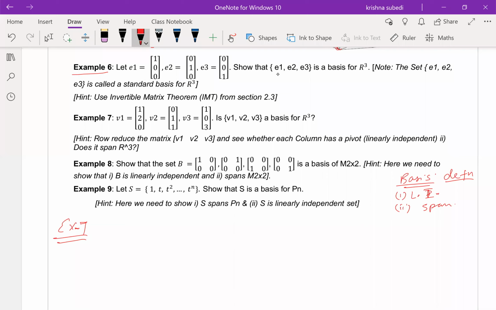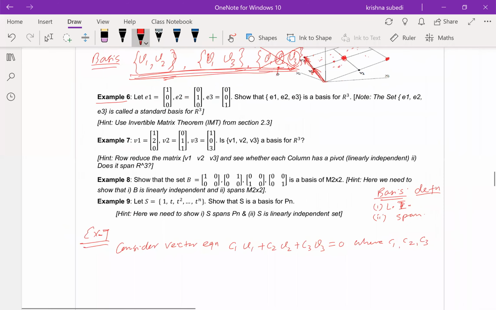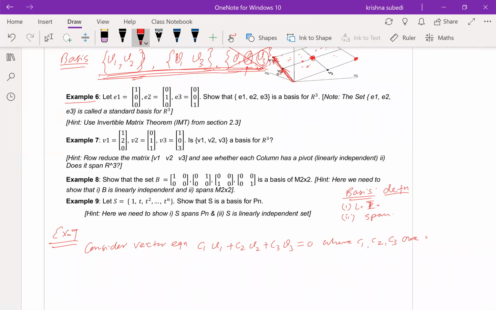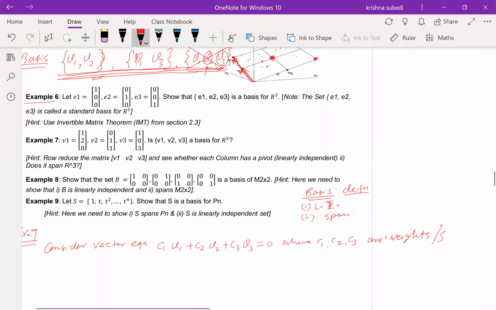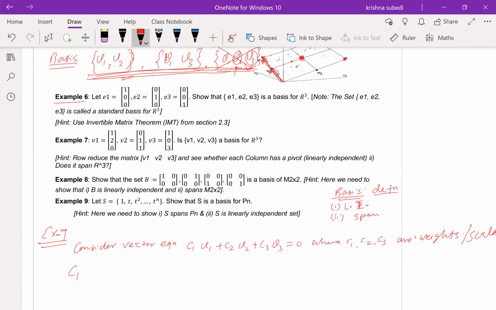We consider the weights or scalars, which means C1 and so on.